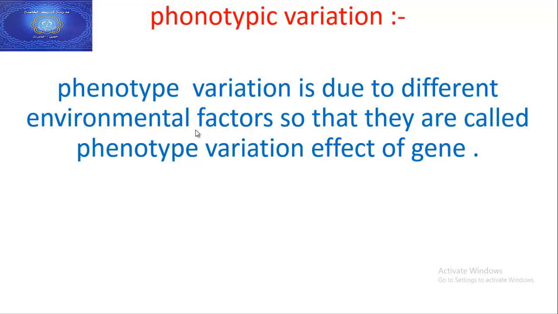It's darker than before. Why is it darker than before? There is no change in his genes, but the change comes from environmental factors that affect the color of the skin and make it darker. Even the color of the eyes, sometimes we can ask our parents about this.